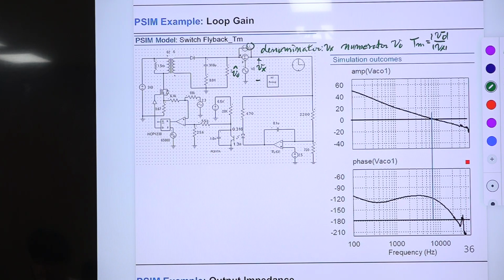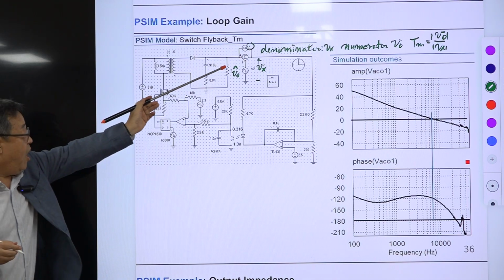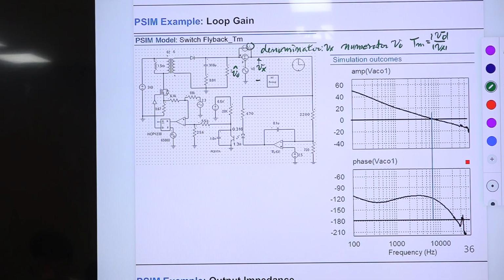Okay, the phase is this: the AC probe is just showing the phase of Vx minus the phase of our voltage. For this case, this one is 0.